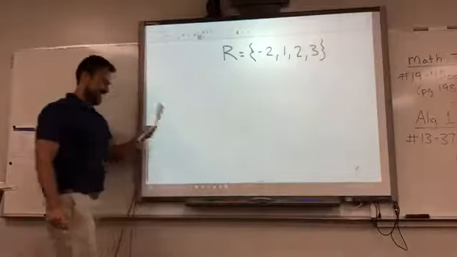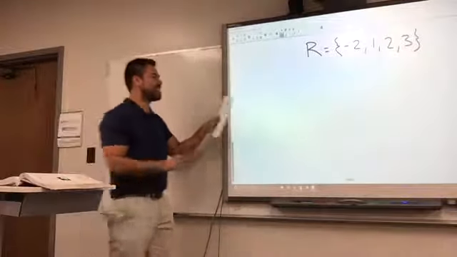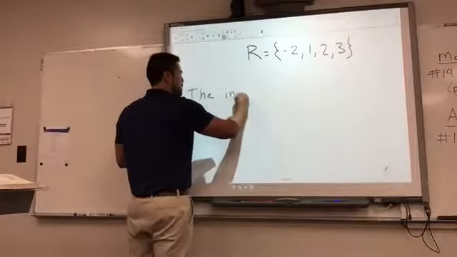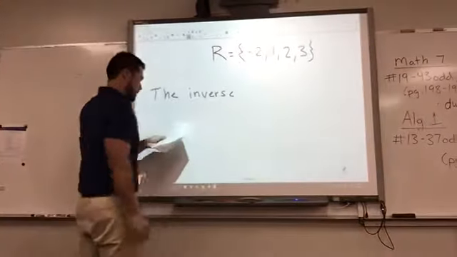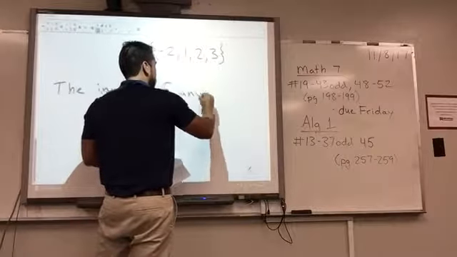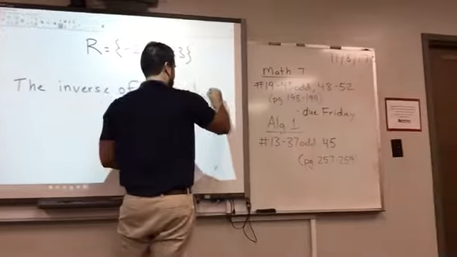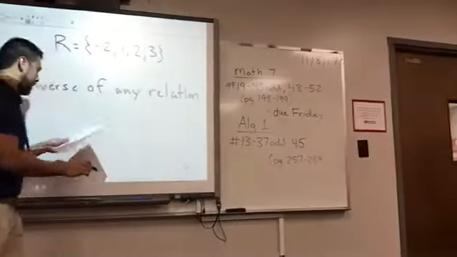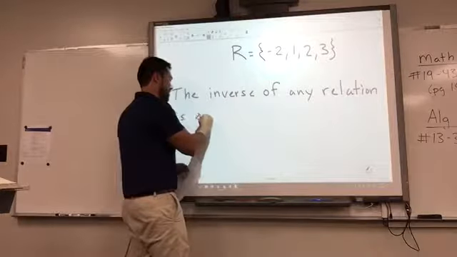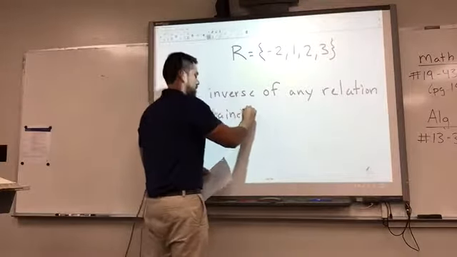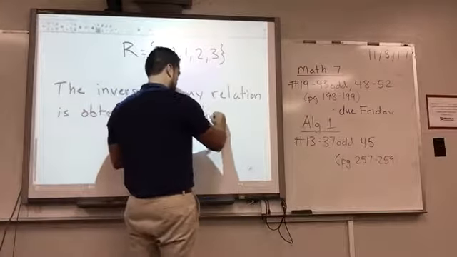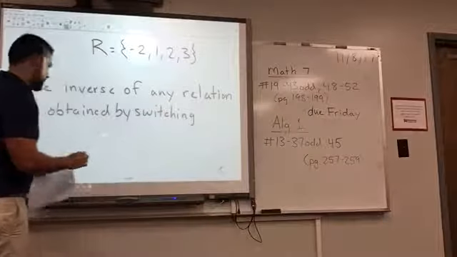All right, anyway. Let's look at one more example, and then you're good. So, there's another term, the last one. It's called the inverse. The inverse of any relation, which you will have to find, is, and I'm going to use this word, obtained by switching the coordinates.